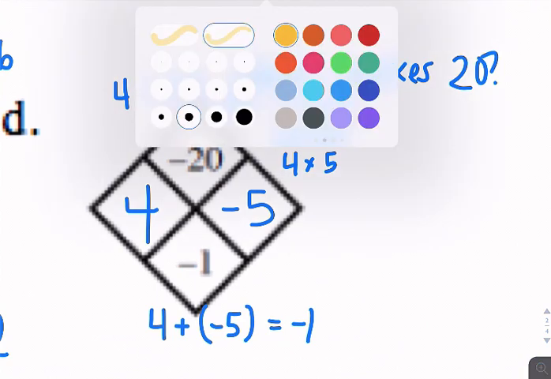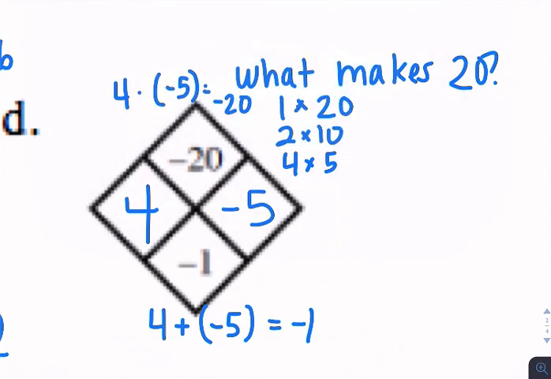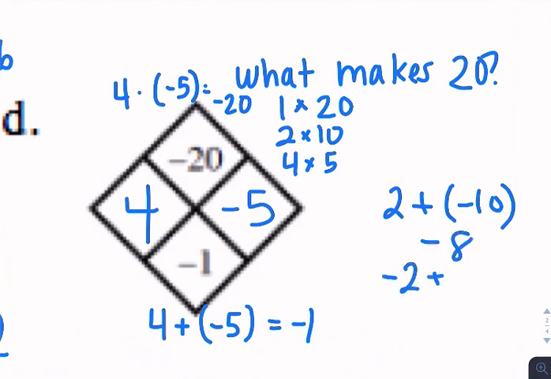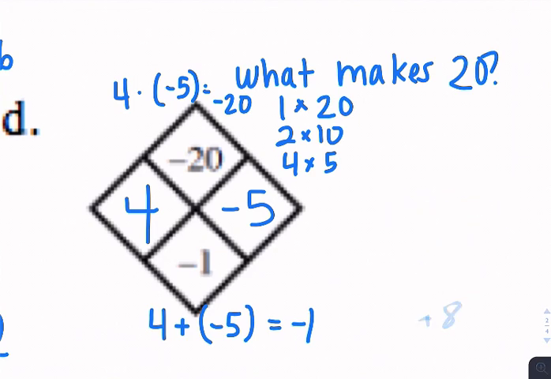And then I tried 2 times 10. And 2 times 10, if I do positive 2 plus negative 10, I get negative 8. And if I do negative 2 plus positive 10, I get positive 8. So neither one of those makes negative 1. And then I have 4 times 5 also multiplies to make 20.